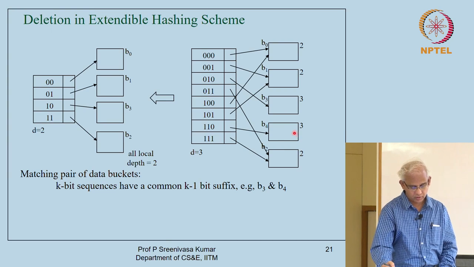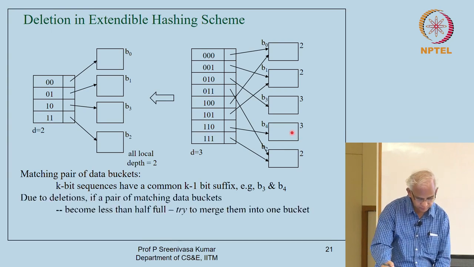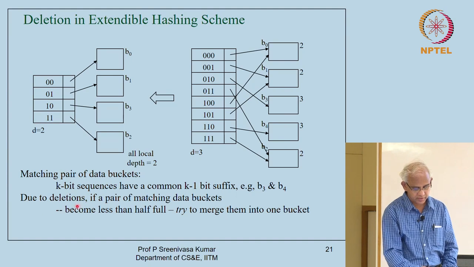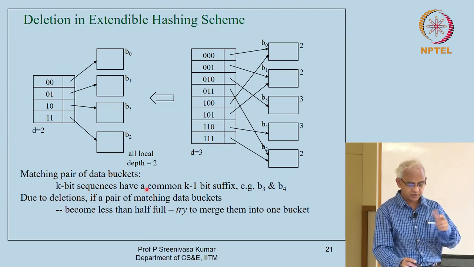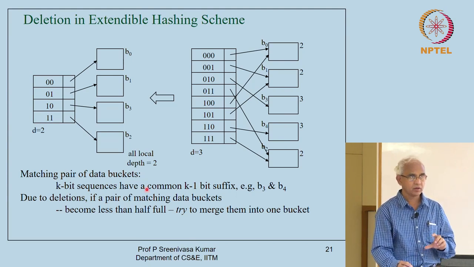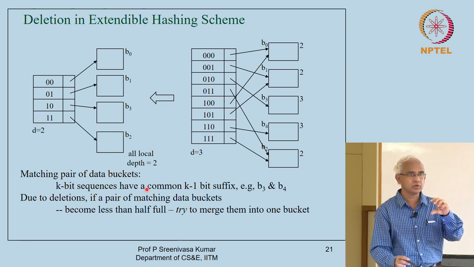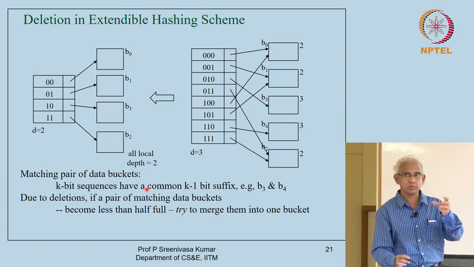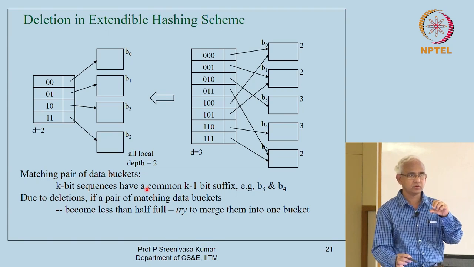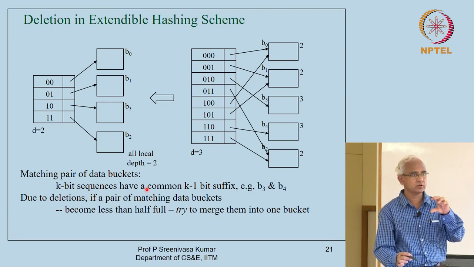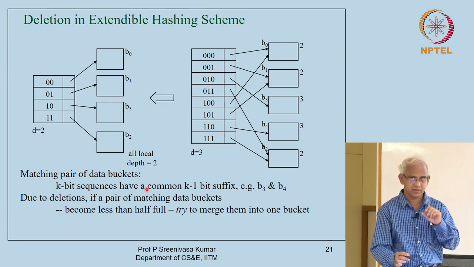Now, if due to deletions a pair of matching data buckets both become less than half full, then you can combine the records and put them into one bucket. They were in two buckets and both of them are less than half full, so if you combine, you will still be able to accommodate the records into one bucket.